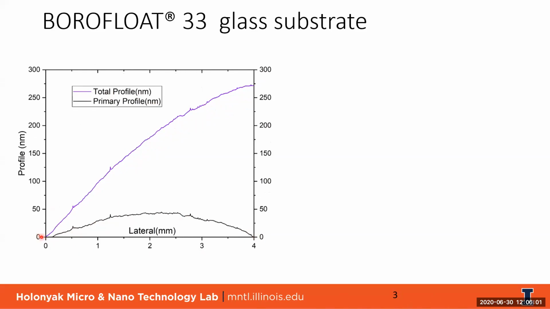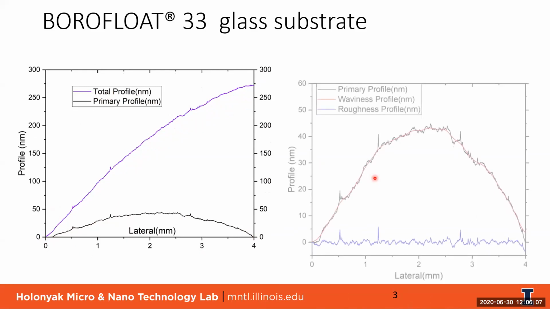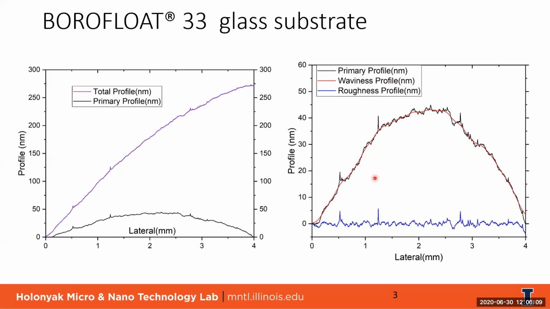But after we get this primary profile, we still cannot directly apply the root mean square value equation to get the roughness. Why is that? The reason is, when we talk about roughness, typically we are referring to a short range height variation.